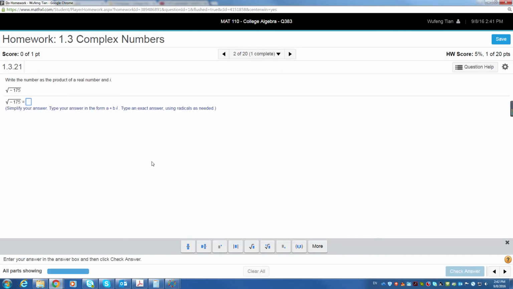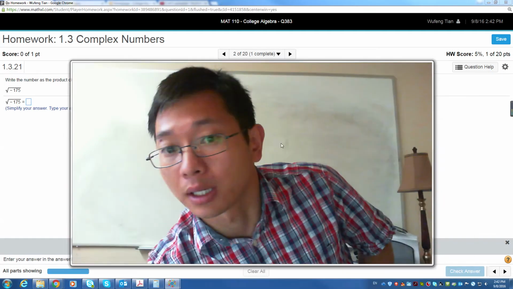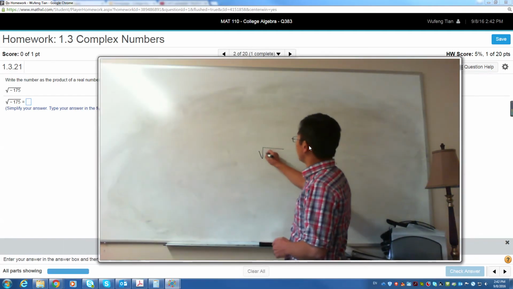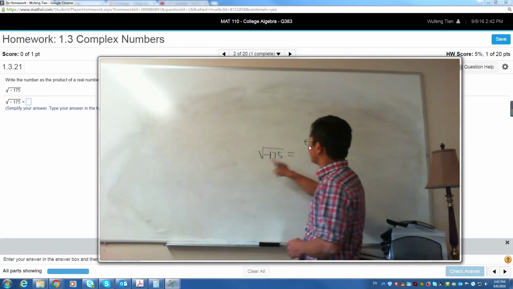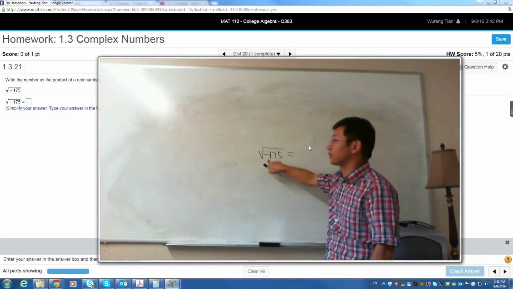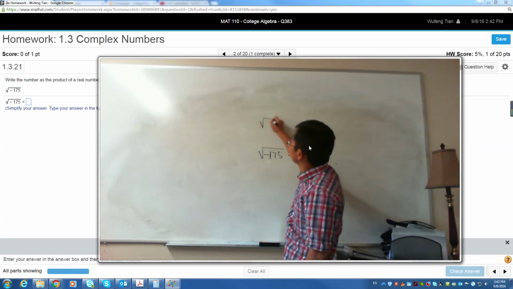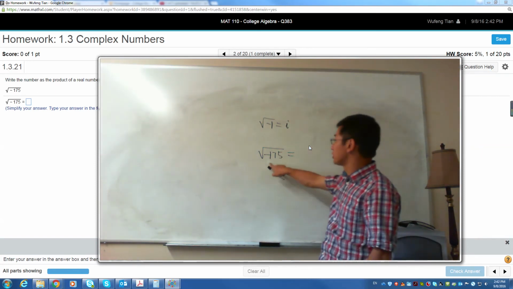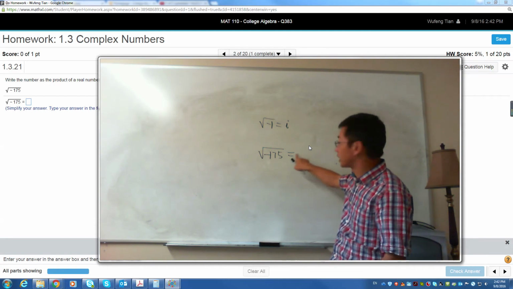So now square root of negative 175. You see there's a square root of a negative number. The problem is the negative. Square root of negative 1 equals i, so you can take the negative out.